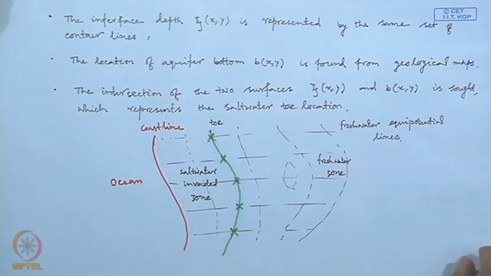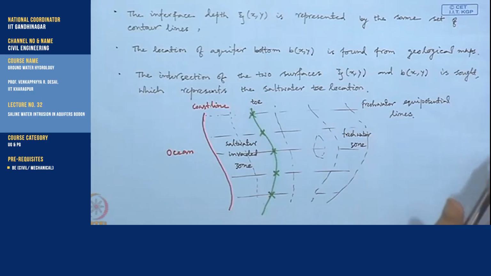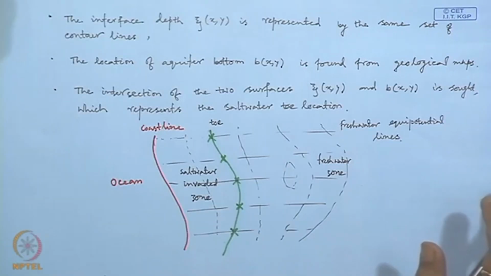However, for complex geological formation and non-stationary interface condition, this is not valid. The Ghyben-Herzberg principle considers the stationary saltwater wedge assumption for its derivation. However, in complex geological conditions, we cannot directly use that assumption for practical modeling or practical use.